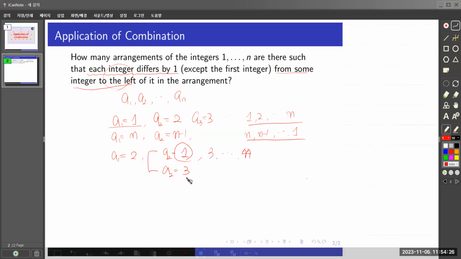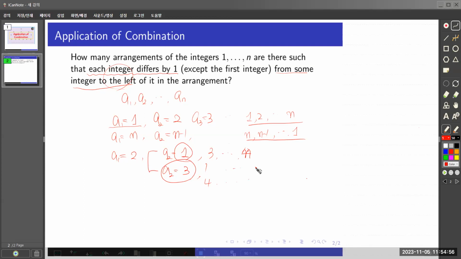But if we have a 3 on the second spot, then for a sub 3 we still have an option, maybe 2 options, 1 or 4. So depending on the location of the 1, the remaining part goes up by 1.